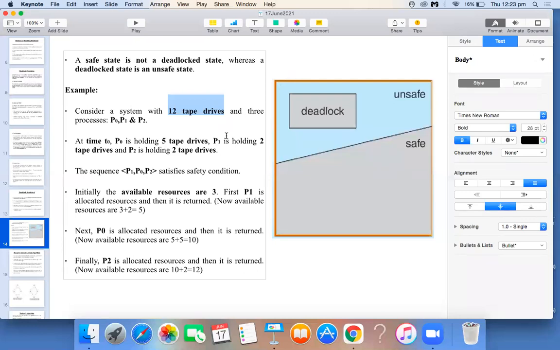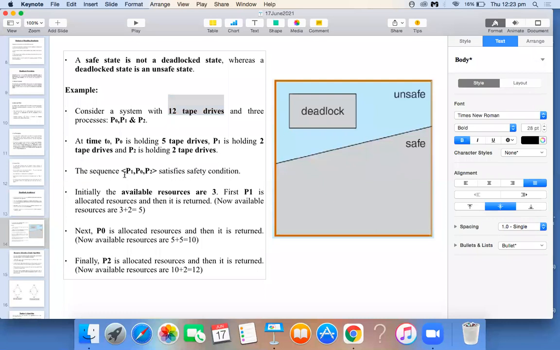Please unmute yourself and tell the answer. So out of 12 tape drives, 9 tape drives we have allocated, correct? That's why it is written here. So how many resources are still available? We have 3 resources available, correct?